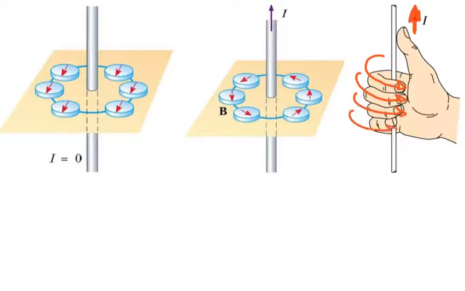So the direction of the magnetic field in this wire is going to go in this direction. If you ever have to determine the direction of the magnetic field in a wire, you have to know the direction of the current, then wrap your fingers around the wire, and it only happens in a wire that has current. So moving charges will produce a magnetic field.